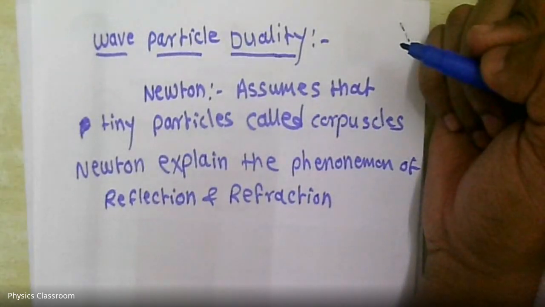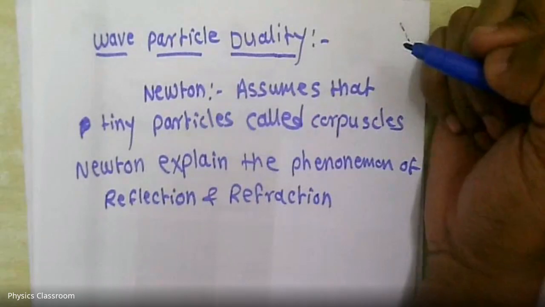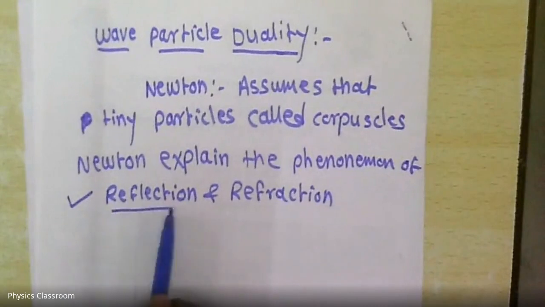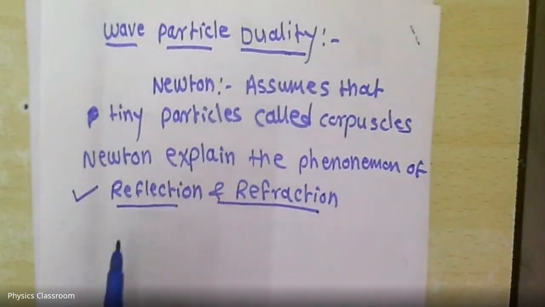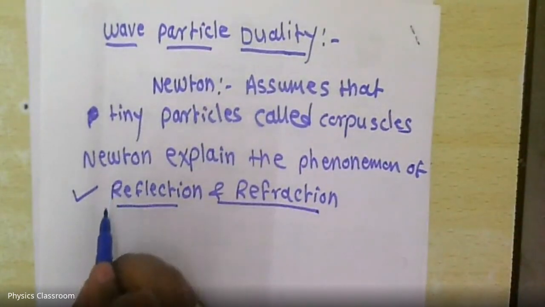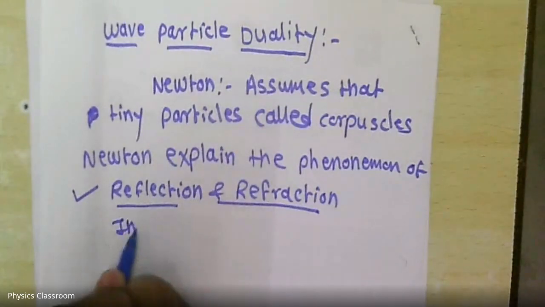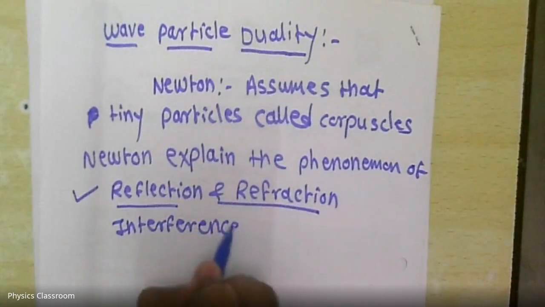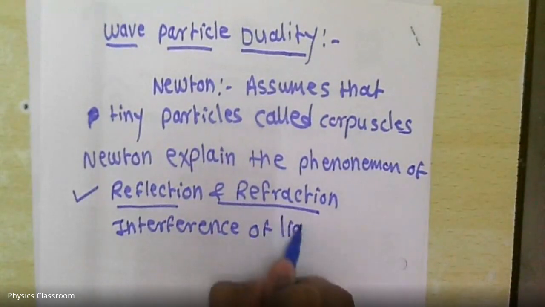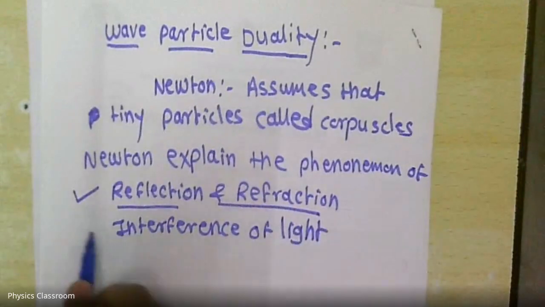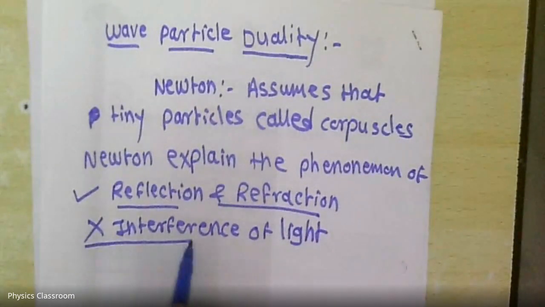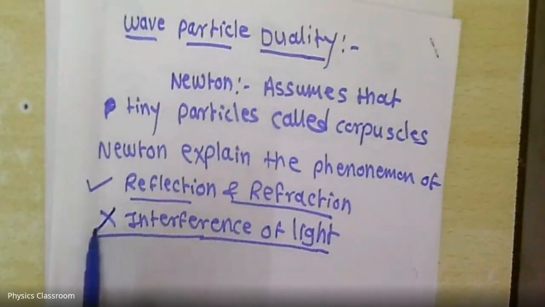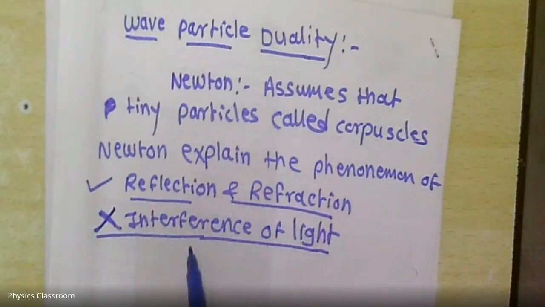Next, this theory fails to explain the phenomenon of interference of light. This theory explains reflection and refraction, but fails to explain interference of light. Means there are some limitations to Newton's corpuscular theory.